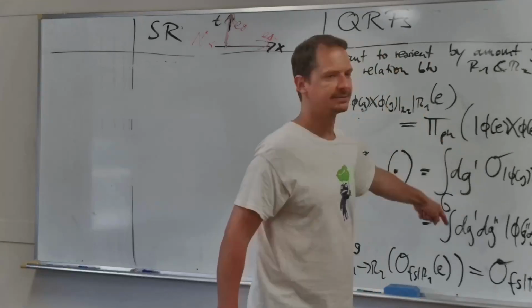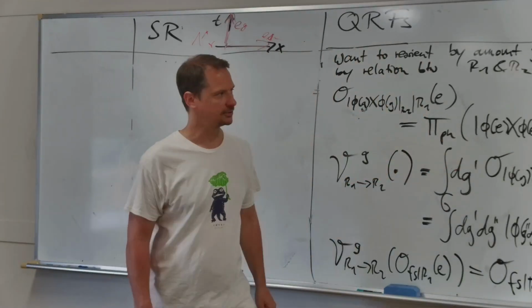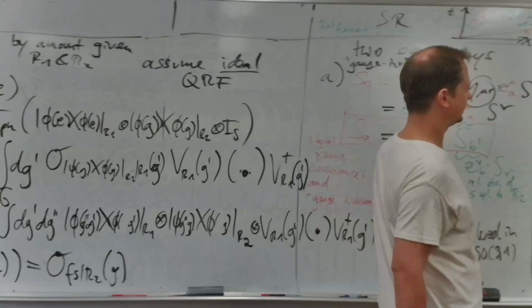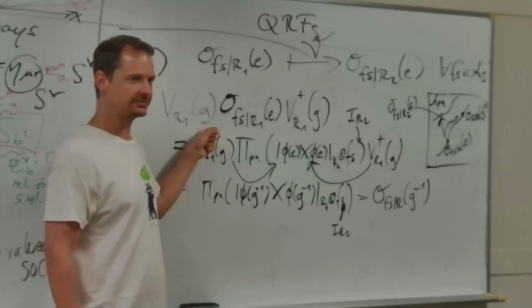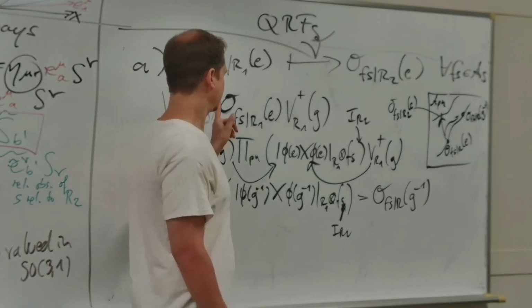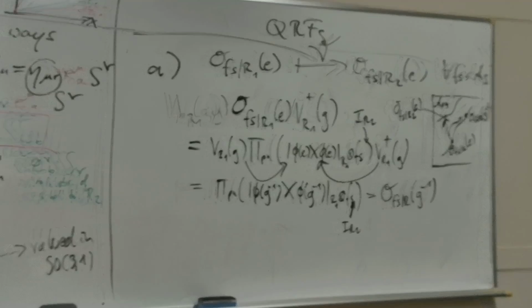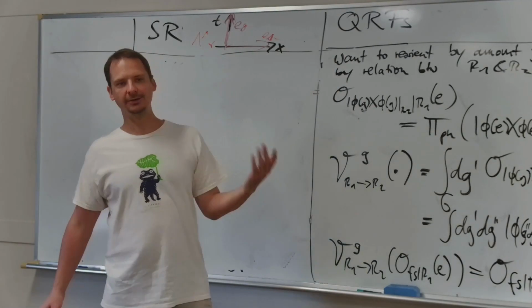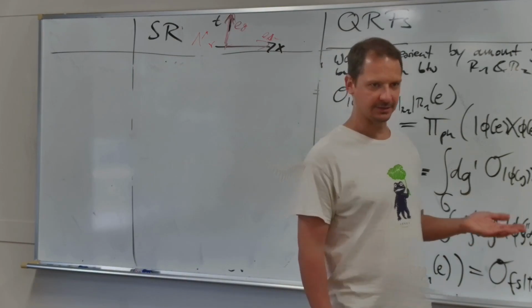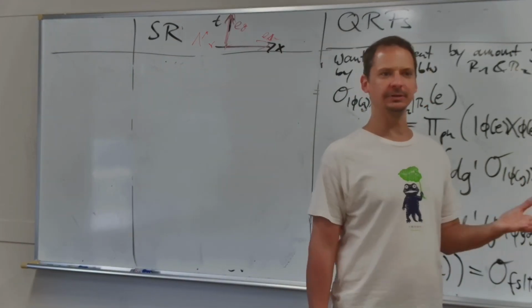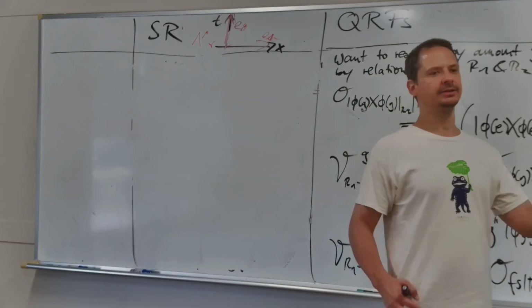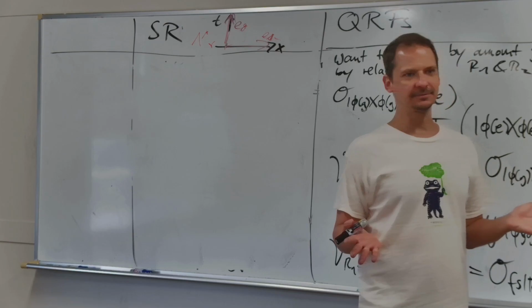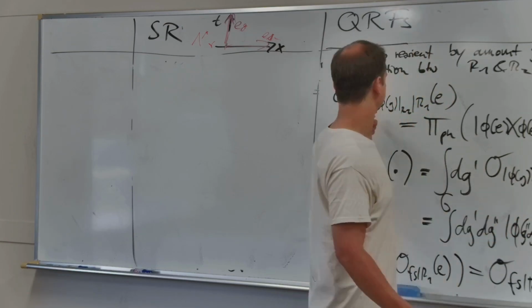So this is what this here is in the quantum theory. We have a reorientation of the reference frame. It changes these relational observable labels. And now we're not just doing any old reorientation of the first reference frame, but we're doing it conditional on the relative orientation of the two reference frames, and that conditional is given by this observable here.